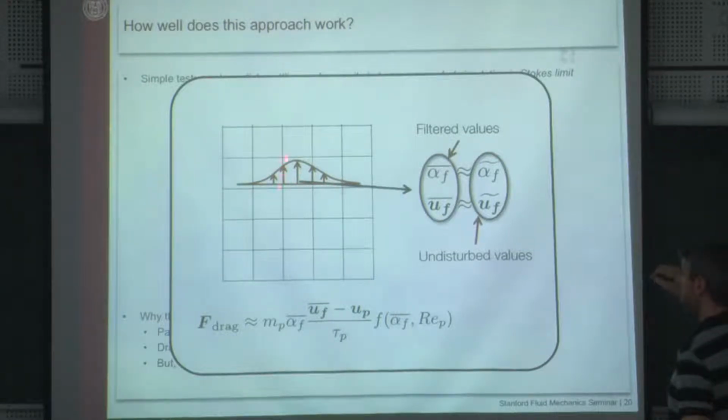Well, you can see if I were to interpolate between that phase and that phase, for example, I would find that my velocity is very far from 0. And therefore, my drag would be much less than the drag that a particle free-falling in static fluid would feel. So it would be useful for me to be able to predict the undisturbed values of velocity as well as volume fraction instead of just my calculated values.